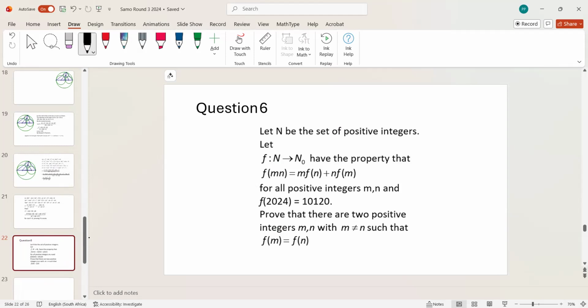So here again, you call these functional equations. I don't know why they gave two functional equation questions in the same paper. It's not good. It's not very nice. All right, now you've got the f satisfies this formula.